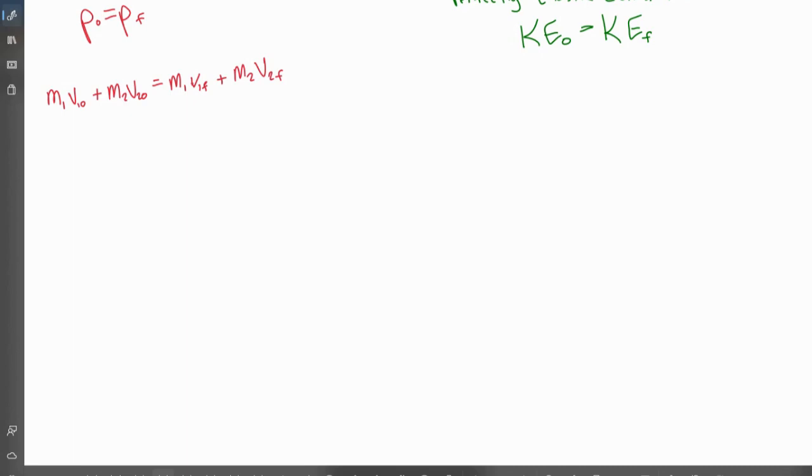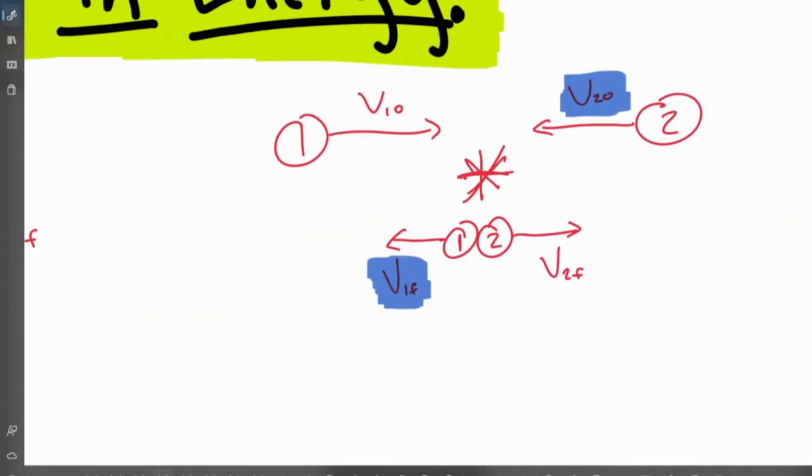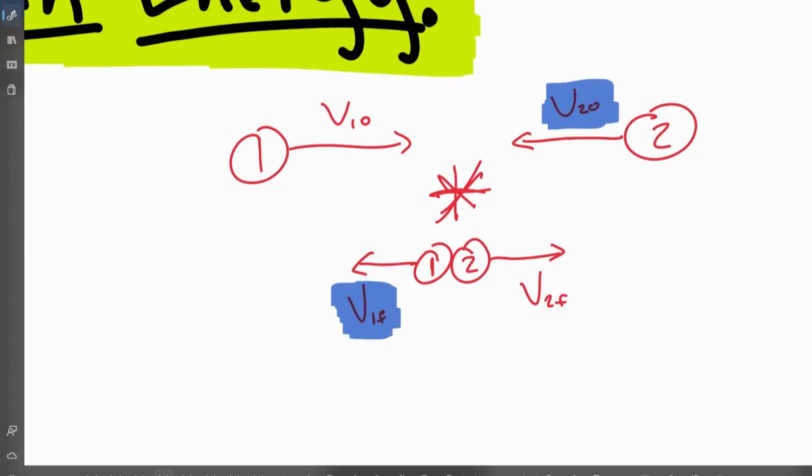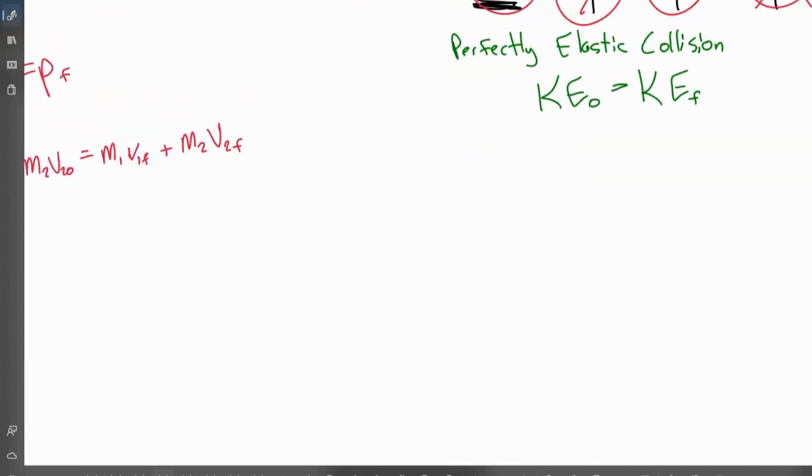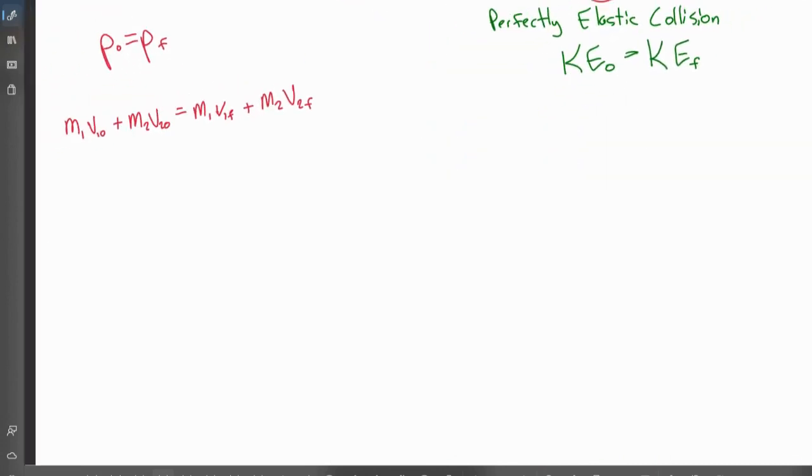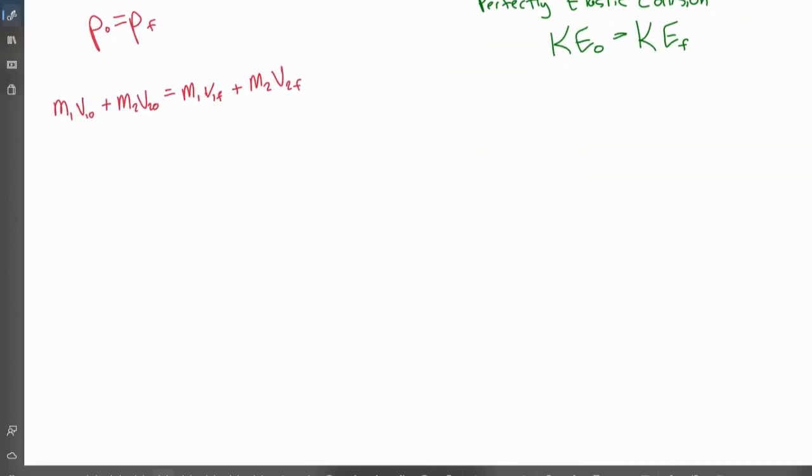So if we take a look at this same system with the two balls bouncing in, colliding, and then the two balls going on their own separate ways, then we get this relationship.